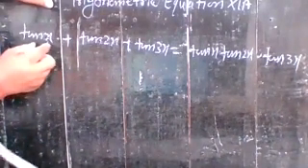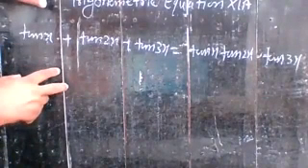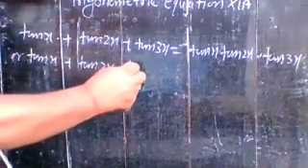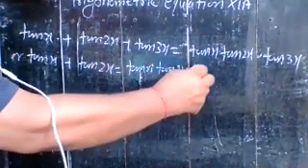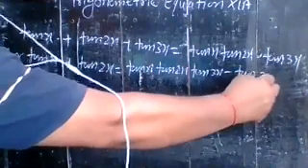So what you do, here you keep tan x and tan 2x as they are and transfer tan 3x to the right side. So tan x plus tan 2x is equal to tan x tan 2x tan 3x minus tan 3x.